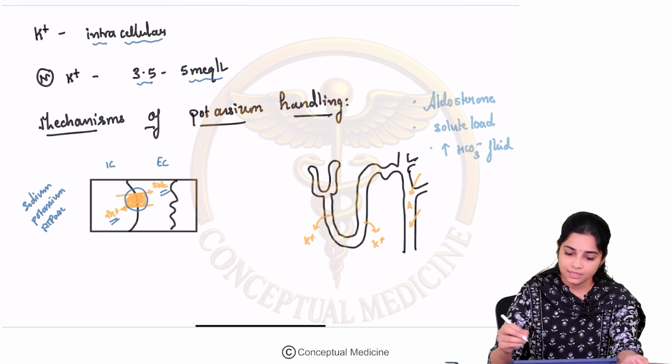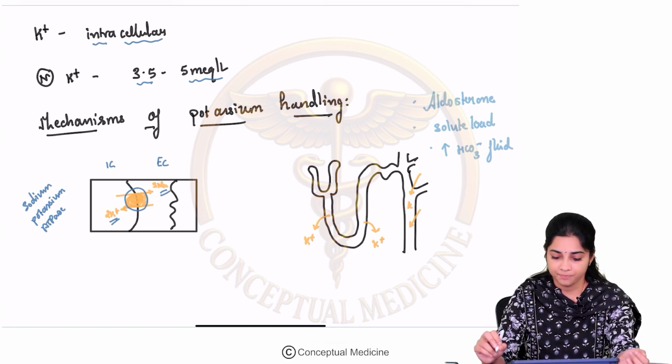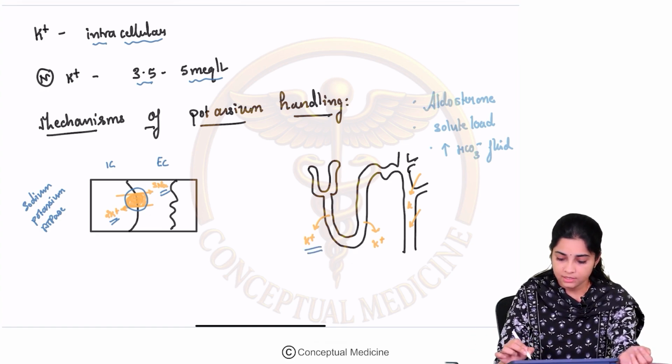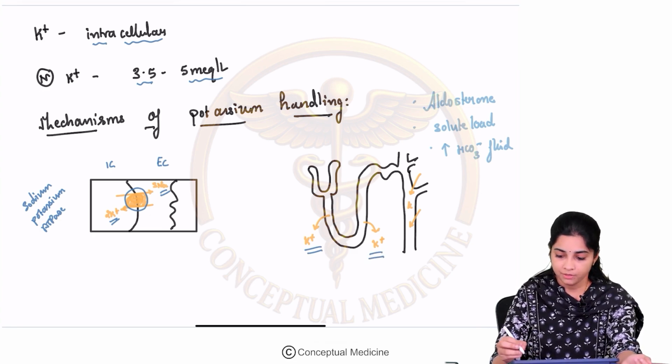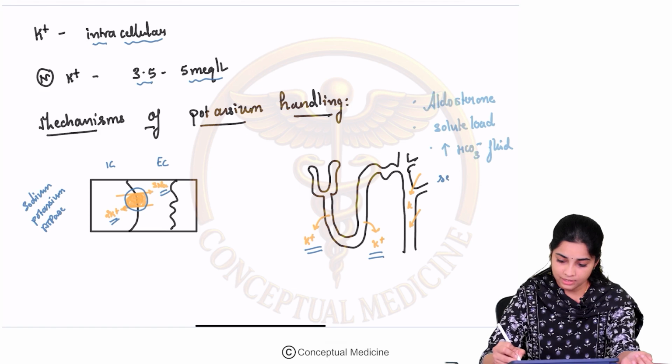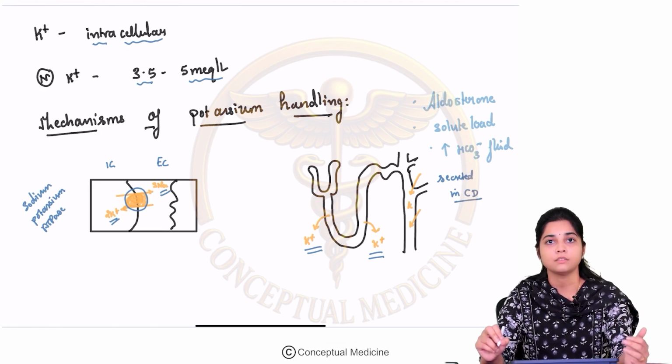Now let us understand the renal handling of potassium. Potassium is reabsorbed in the PCT and in the loop of Henle, whereas it is secreted in the distal tubule and collecting duct part.